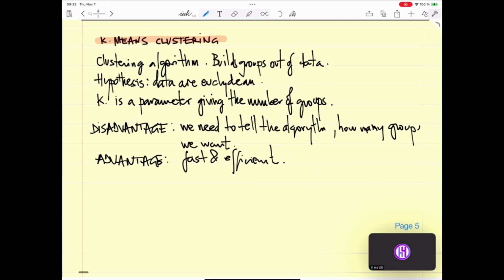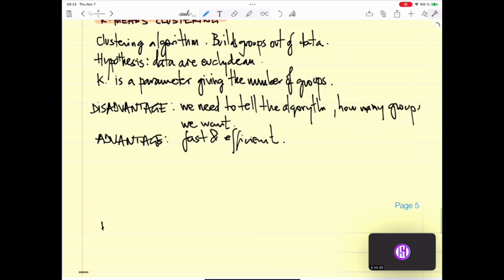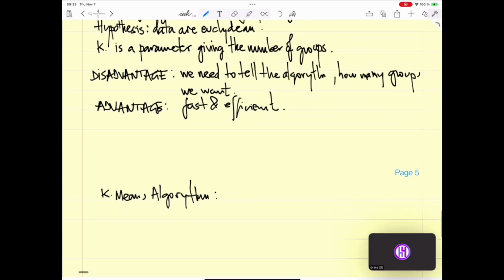Okay, so let's look at the K-means algorithm. Those are some steps. Step 0: decide the number of clusters.